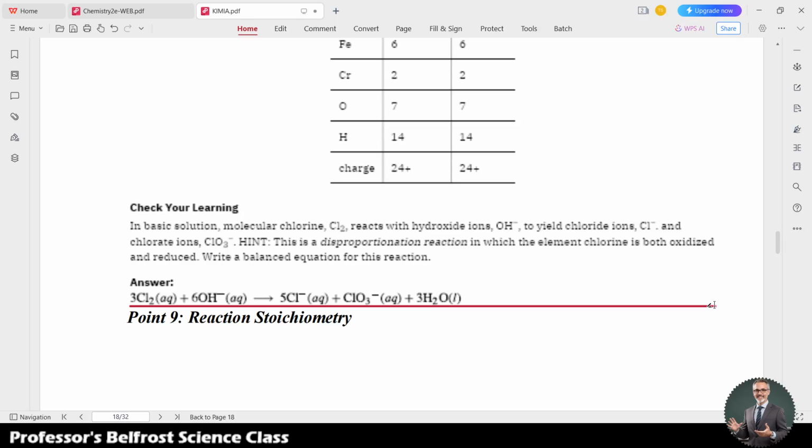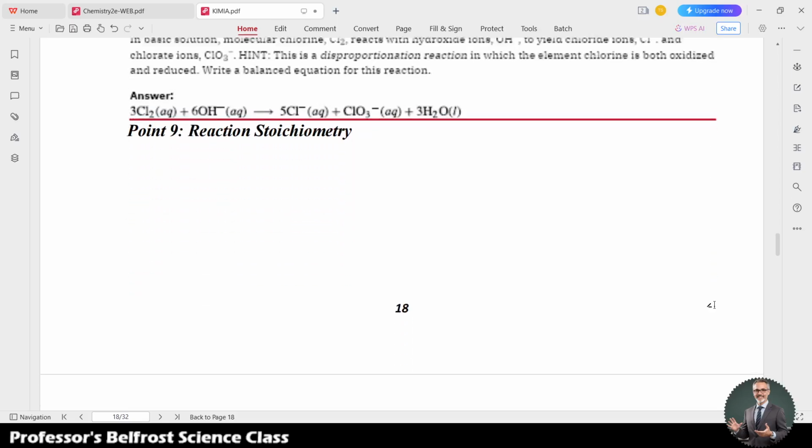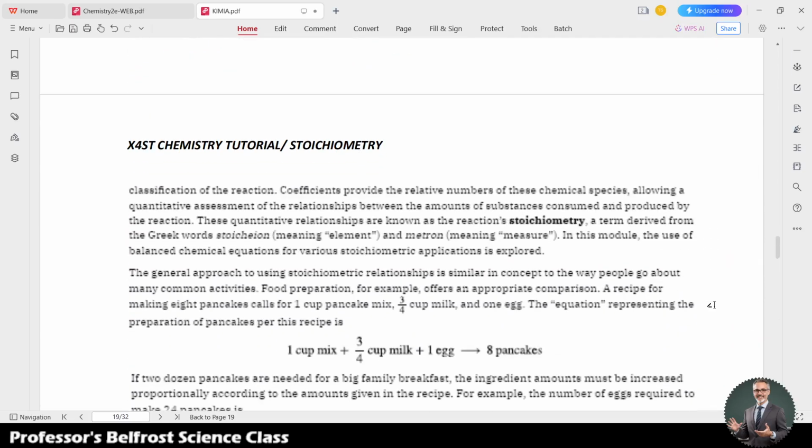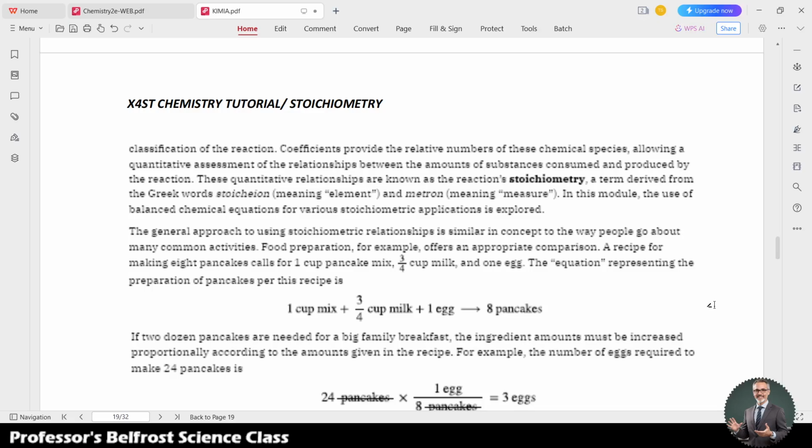Okay, so far we have discussed many types of reaction, and now we'll enter the realm of stoichiometry. So, reaction stoichiometry. Coefficients provide the relative numbers of chemical species, and allow a quantitative assessment of the relationships between the amounts of substances consumed and produced by the reactions.